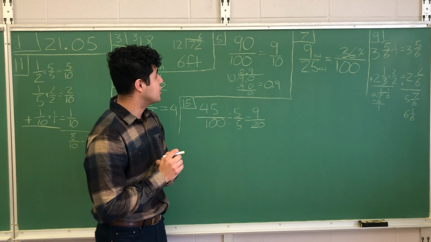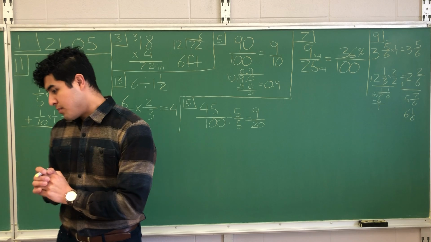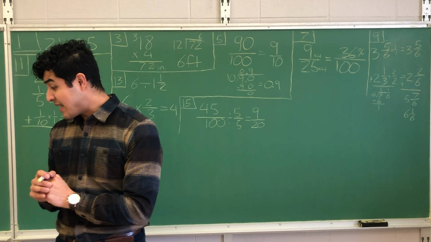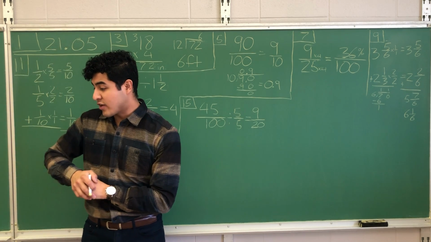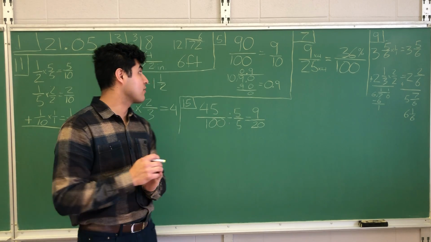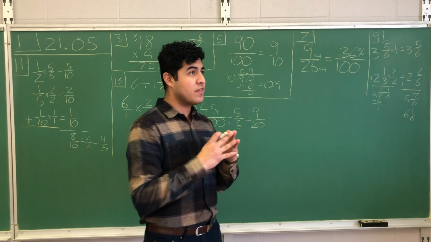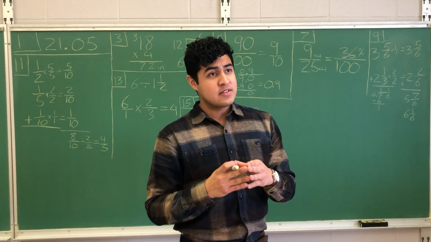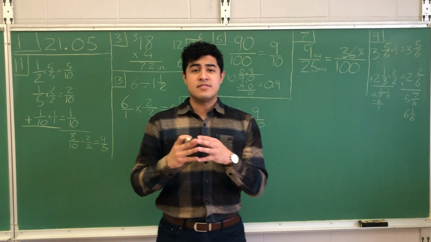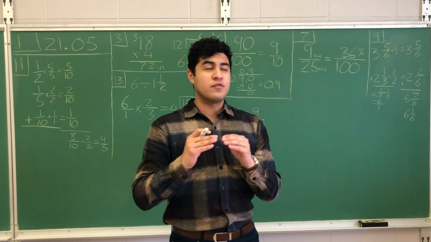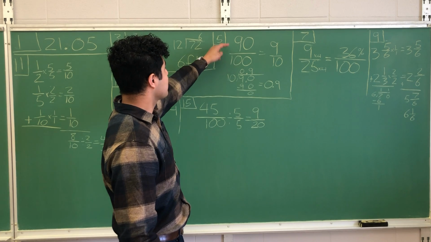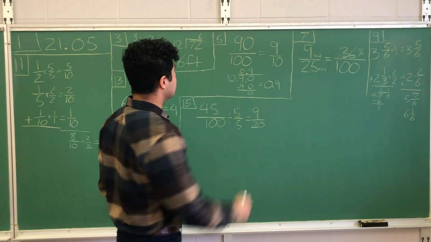Next, we're changing, write 90% as a reduced fraction, then write the fraction as a decimal number, okay? So we know that a percent, 90%, is a fraction with a denominator of 100. So I write 90 over 100, then I reduce it.